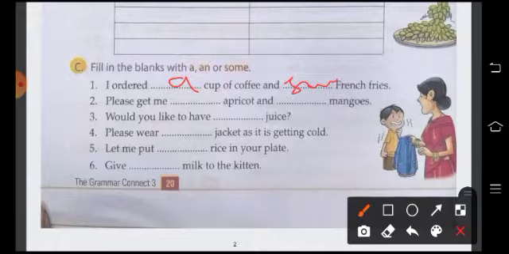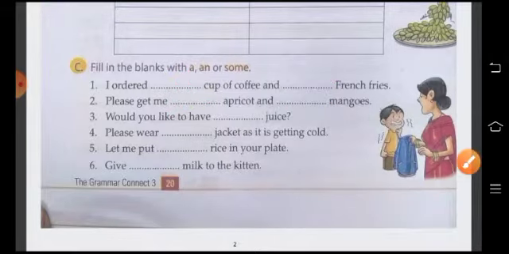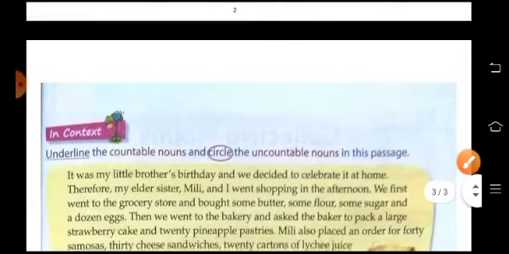Next is, please get me an apricot and some mangoes. So in this way, do the rest of the fill-ups.